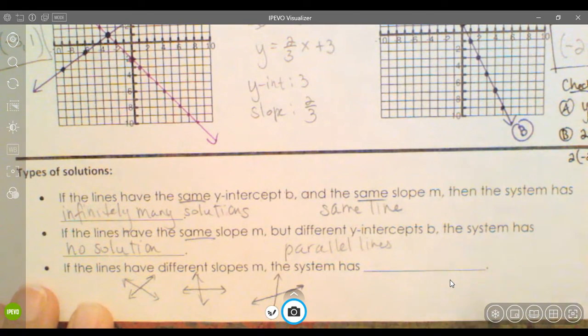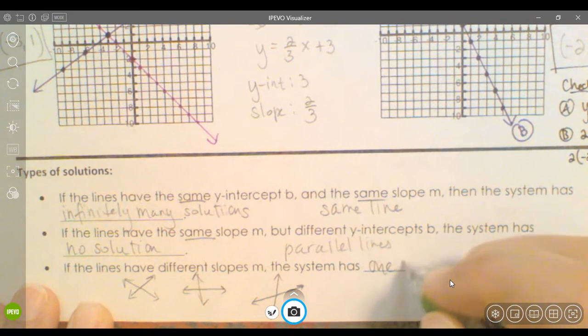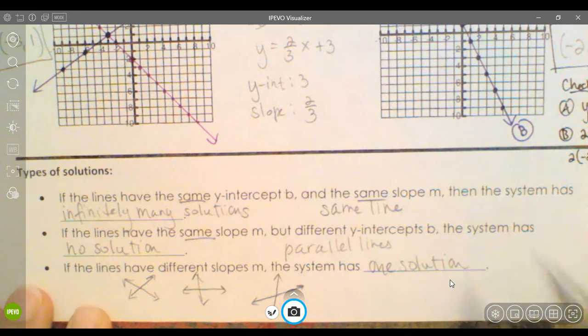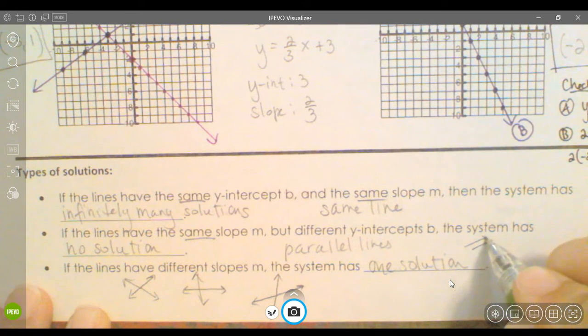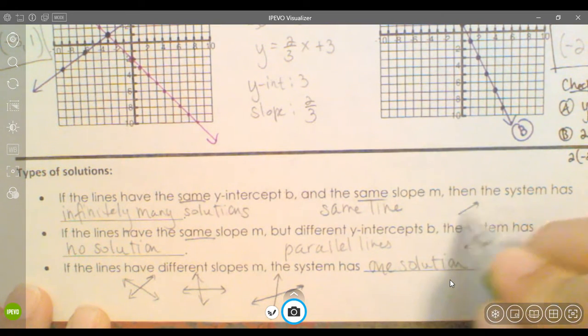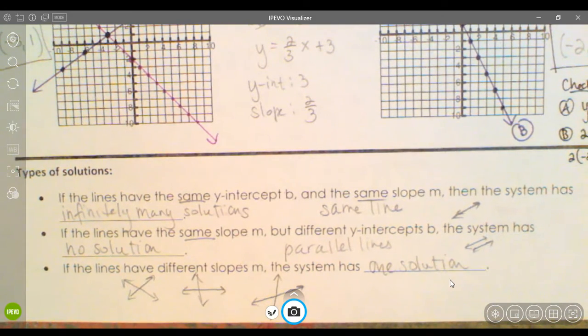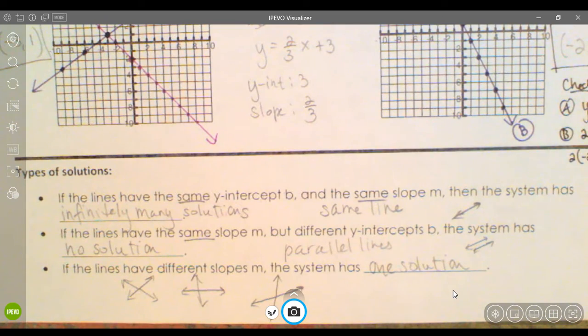Anything like that works. So when you have different slopes, they're going to intersect at one place. This system has one solution. So here, parallel, same line, you'll see it traced on top of the other. But that's everything you need to know about solving a system by graphing.